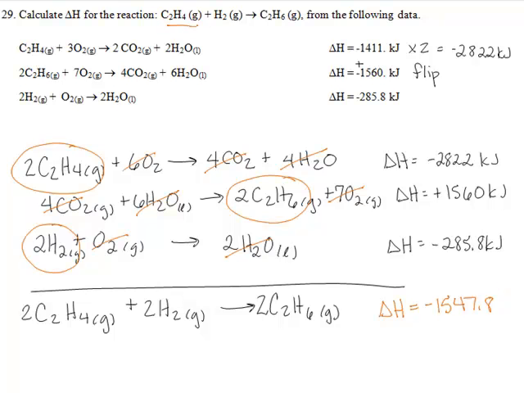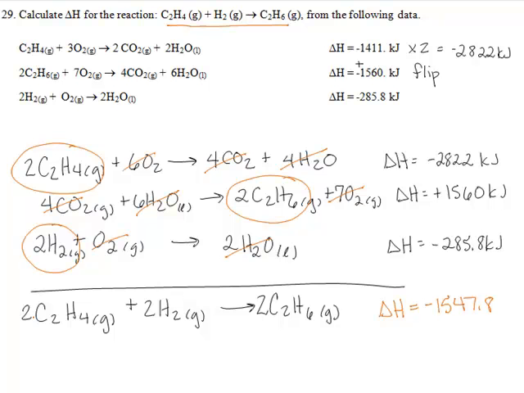What we want to know is, what is our delta H for C2H4 plus H2 yielding C2H6? But our delta H calculation is for 2C2H4 plus 2H2 yields 2C2H6.